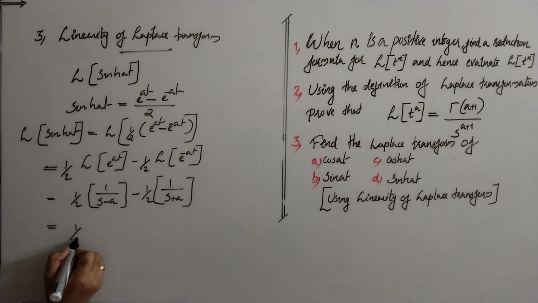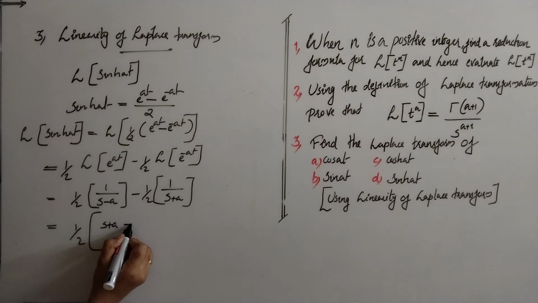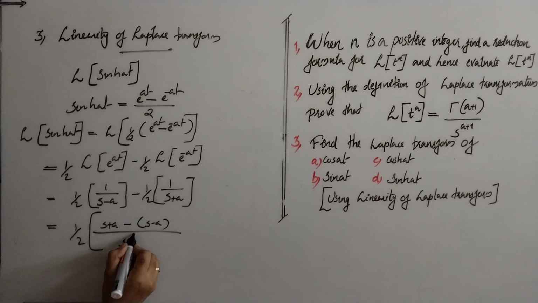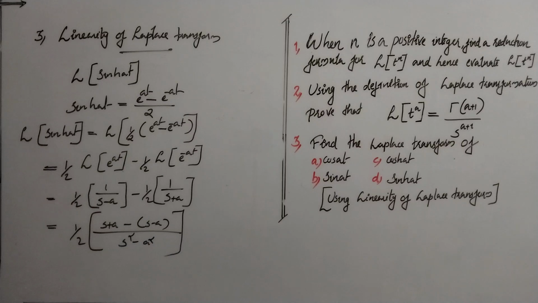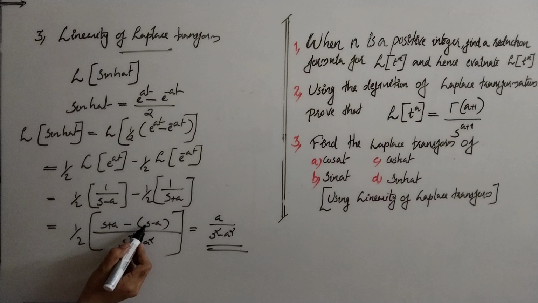that is 1 by 2 into s plus a minus s minus a divided by s square minus a square. So what we get, a divided by s square minus a square. s and s will cancel.